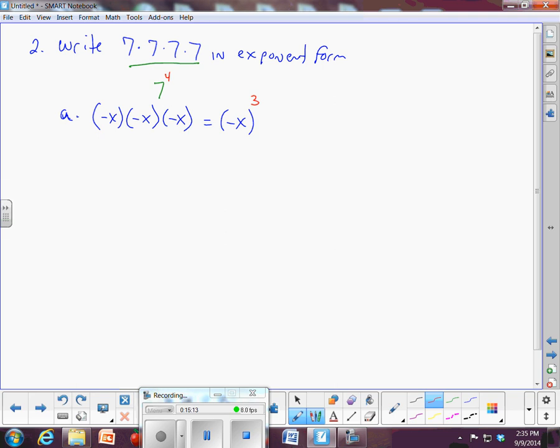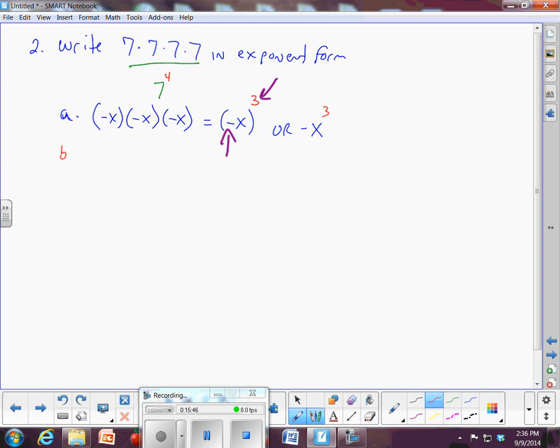Okay, so technically that would be writing it exactly as you see it. However, we already learned that when there is a negative base and an odd exponent, the product is going to be negative. So on this one, we could finish it by really saying negative x cubed. They end up being equal and of the same value. Now again, that's only when there's a negative base to an odd exponent.